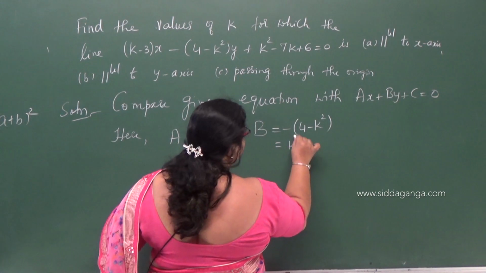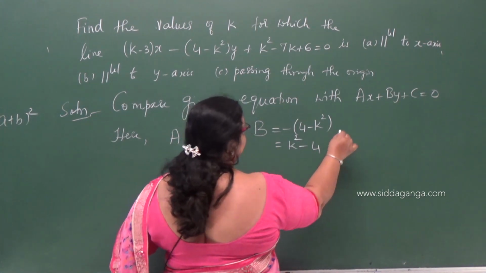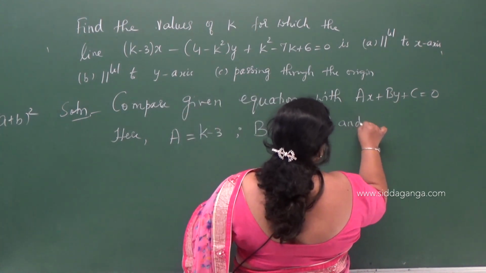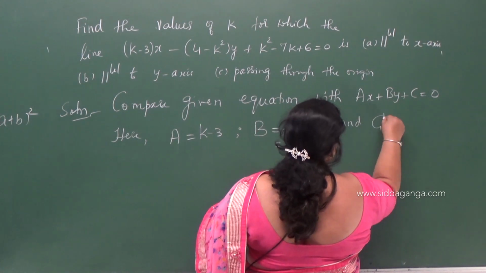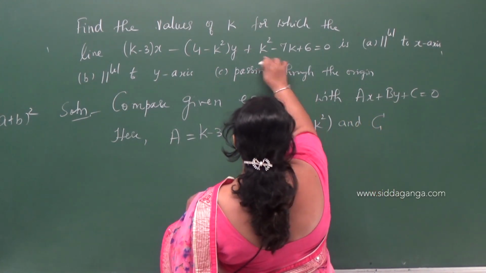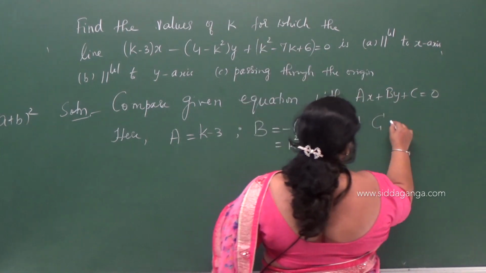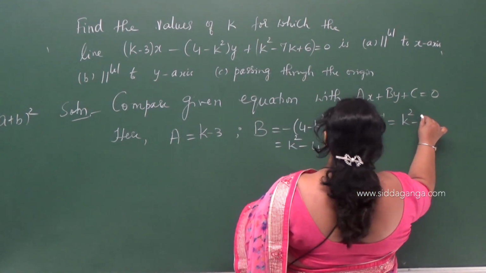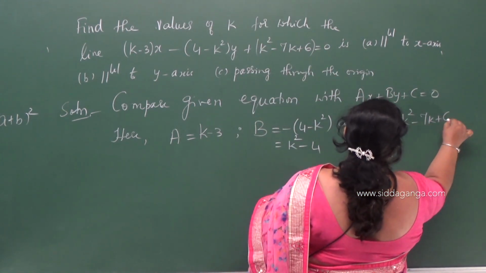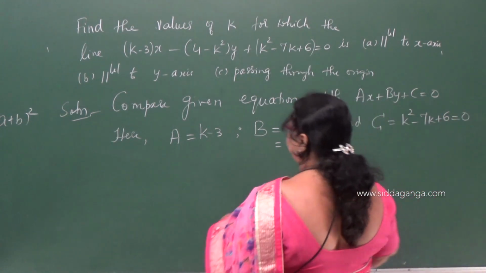And the constant term, take it as capital C, is k square minus 7k plus 6.